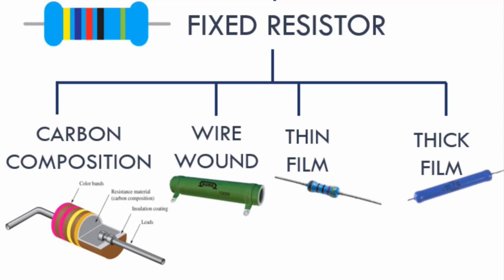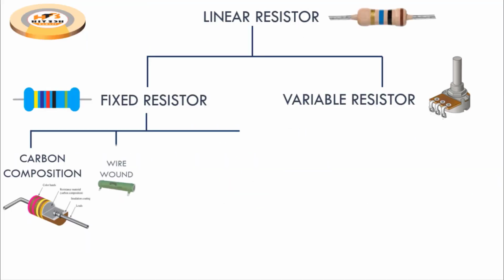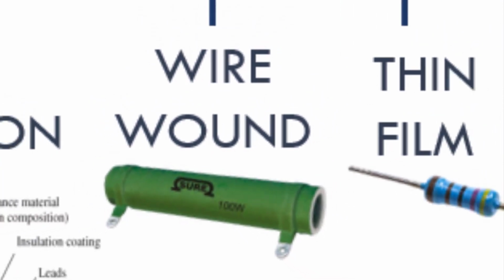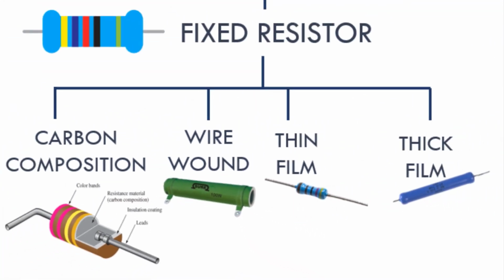Wire wound resistors are made from the insulating core or rod by wrapping around a resistive wire. The wire is generally made of tungsten, nickel or nickel chromium alloy, and insulating cores are made of bakelite, ceramic or porcelain material.